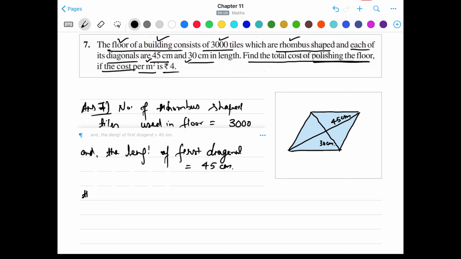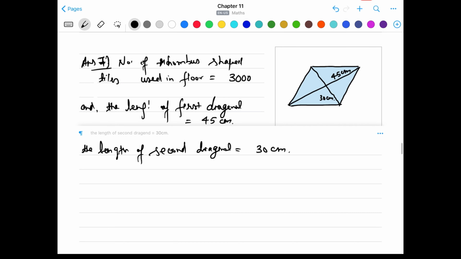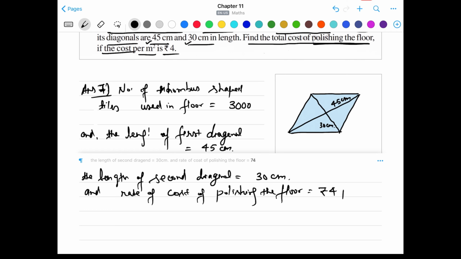Okay, and the length of the second diagonal is equal to 30 centimeter, and the rate of cost of polishing the floor is 4 rupees per meter square. So the rate of cost of polishing the floor is equal to 4 rupees per meter square.